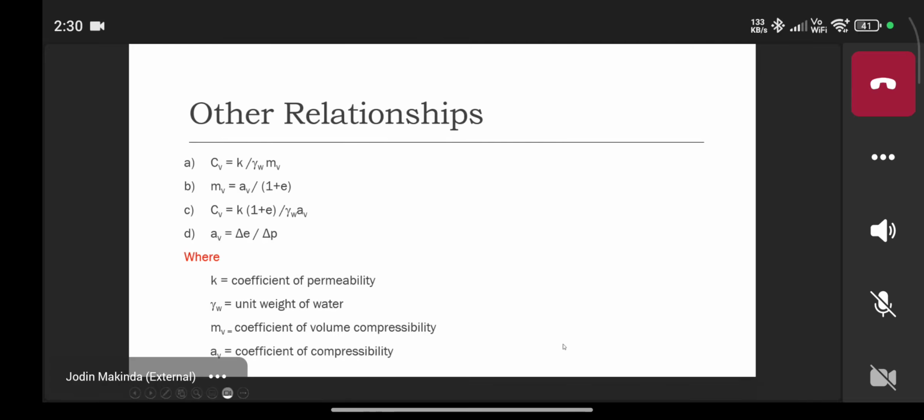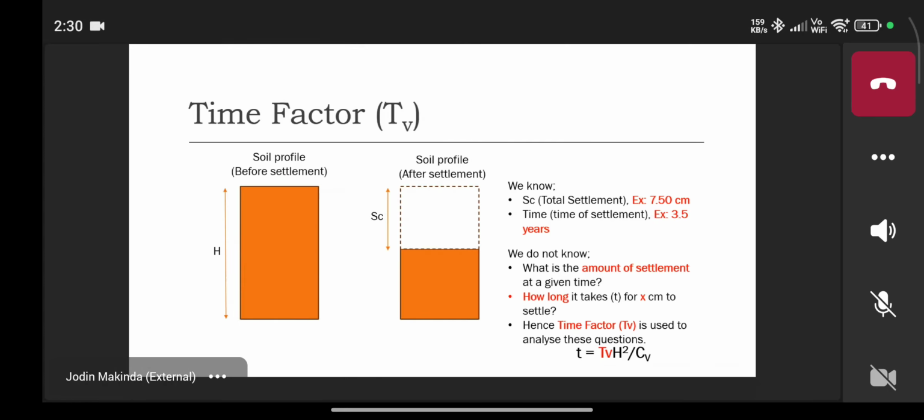Other parameters can also be derived, such as the coefficient of volume compressibility and also coefficients of compressibility. These are some of the other relations between the soil weight and the soil volume.